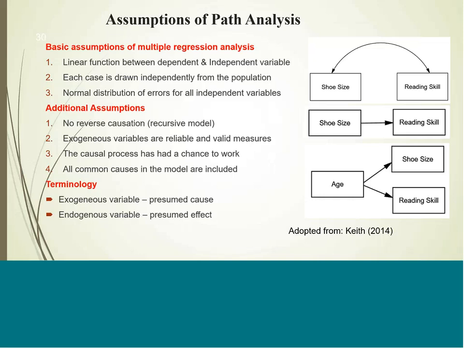We cannot say that the better the students read, the bigger their shoe size is, which means that this is not a very good relationship to explore, because it doesn't make sense.